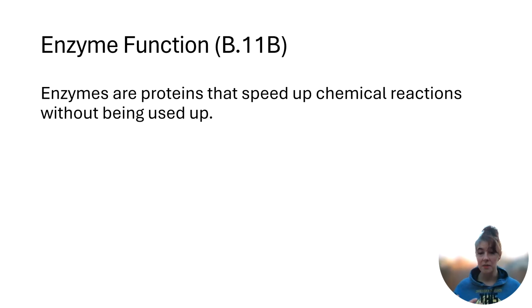So we don't need to spend a lot of cell energy making them. Instead, we make it and we can keep using it. As soon as we finish using it once, it's ready to be used again. So enzymes, they're proteins, they're made of amino acids. These speed up chemical reactions and they don't get used up.